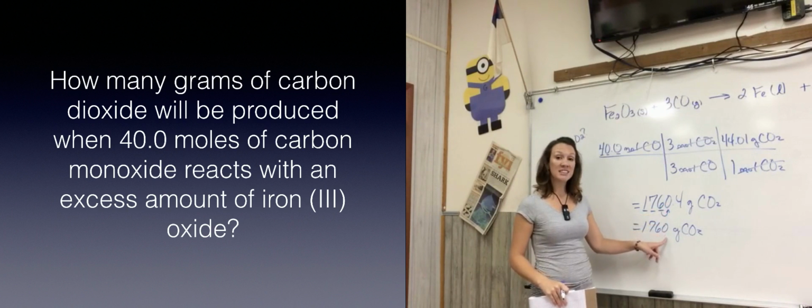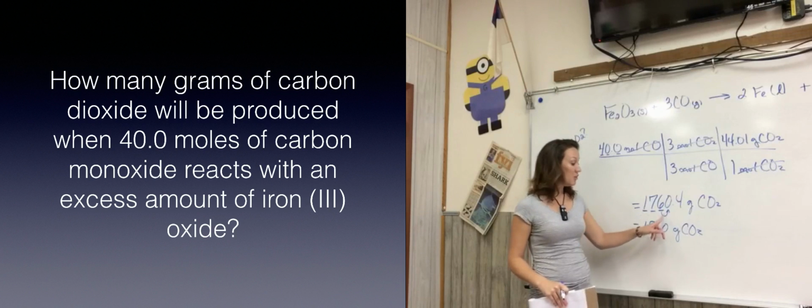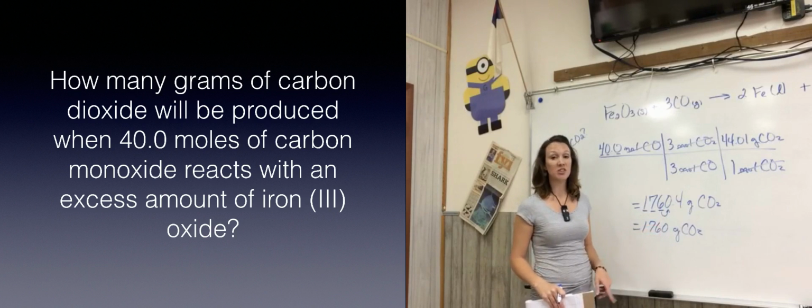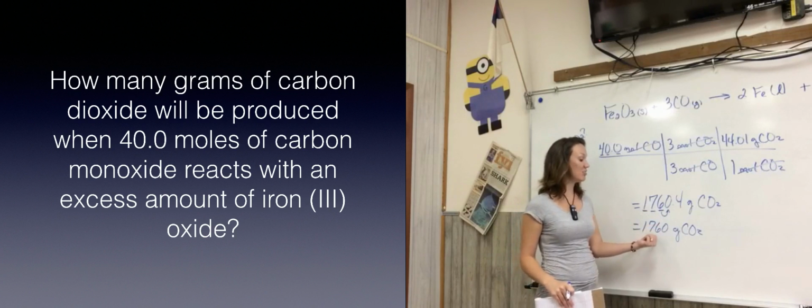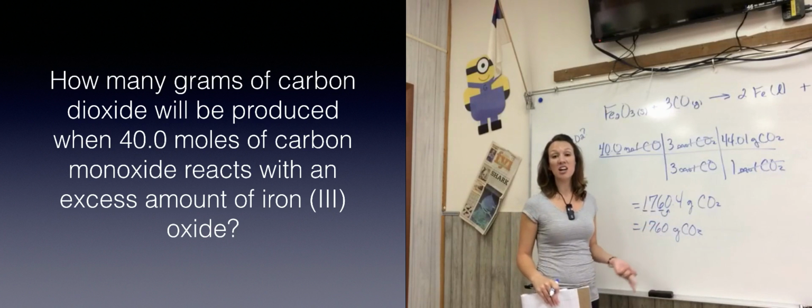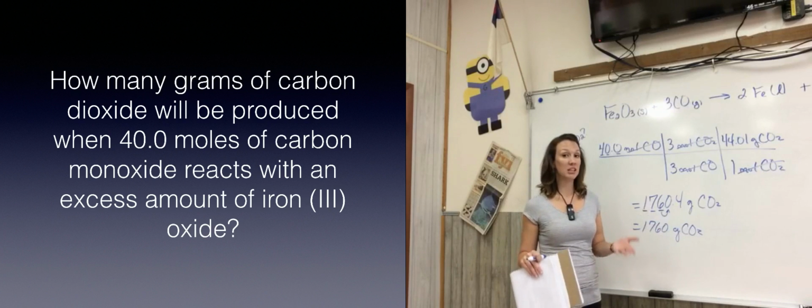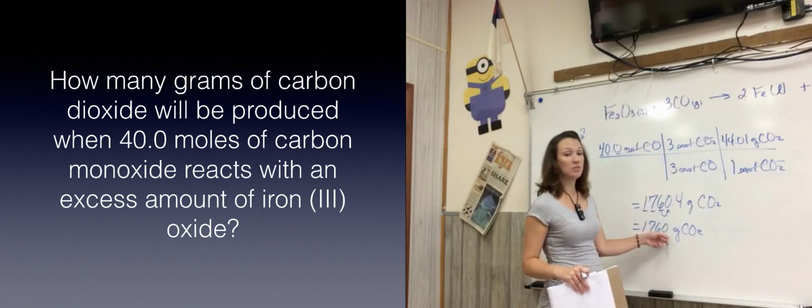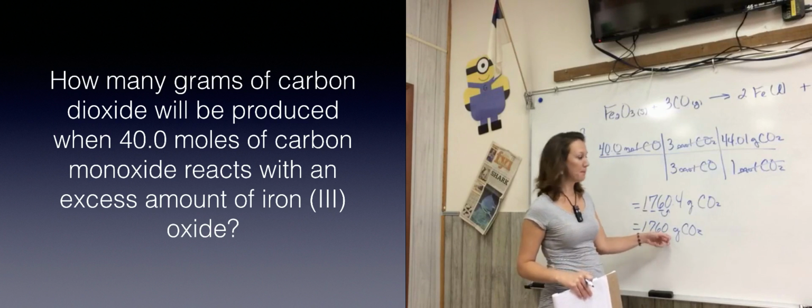The 0 is not significant in our answer because there's not a decimal present, so that tells us we only have 3 significant digits. If you take out the 0 altogether, you changed it from 1,760 grams to just 176 grams. There's a huge difference, and it makes a huge impact on your results. So make sure you keep that 0 in there, okay?